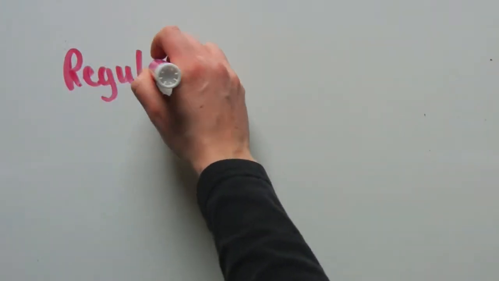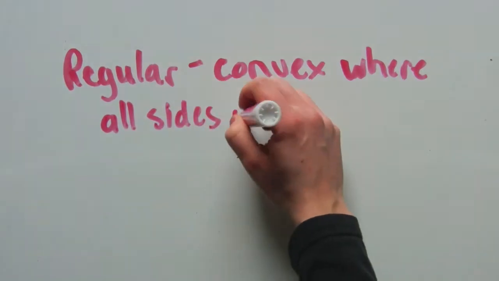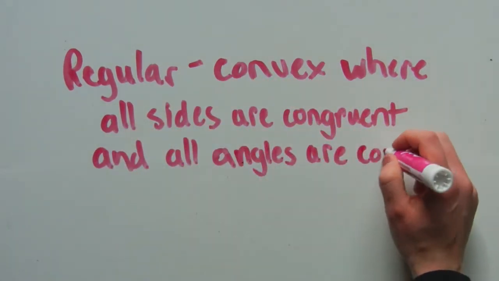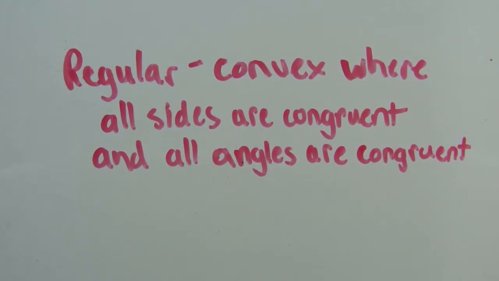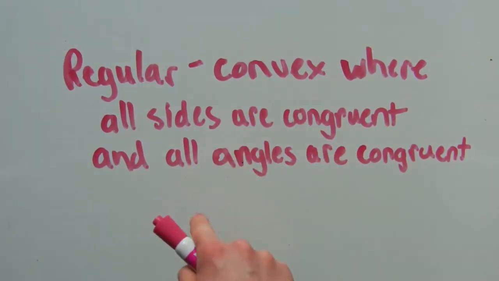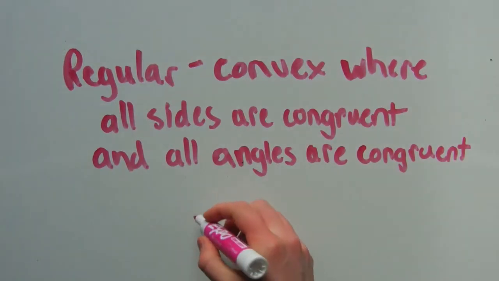We're going to look at two more terms dealing with polygons. So a regular polygon is a polygon that's a convex polygon where all the sides are congruent and all the angles are congruent. An example of a regular quadrilateral would be a square.